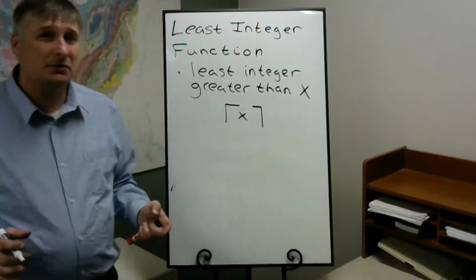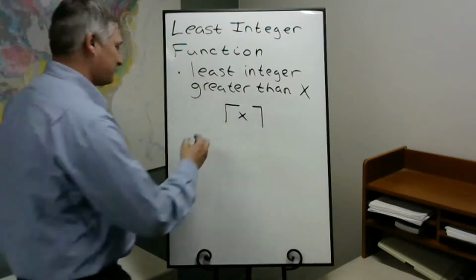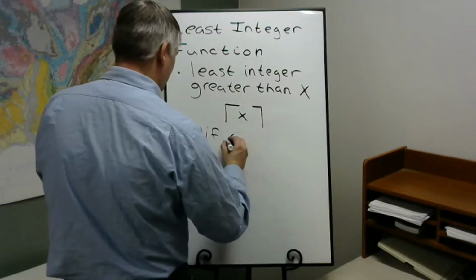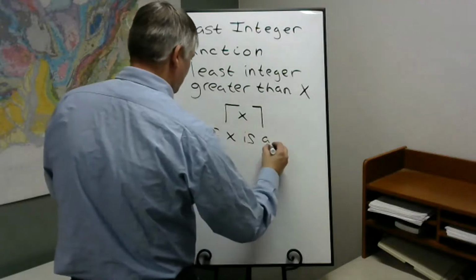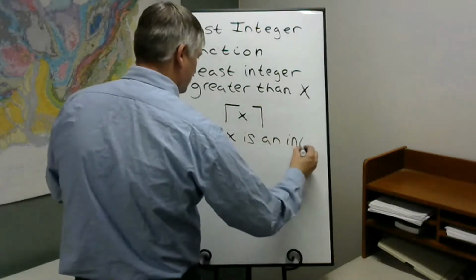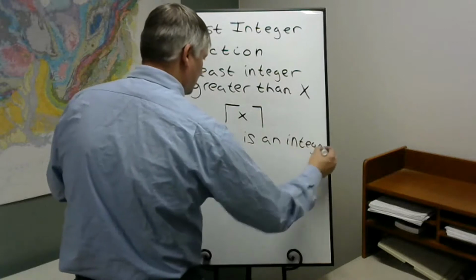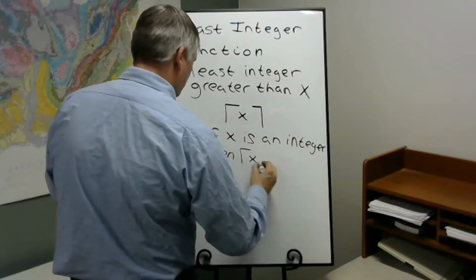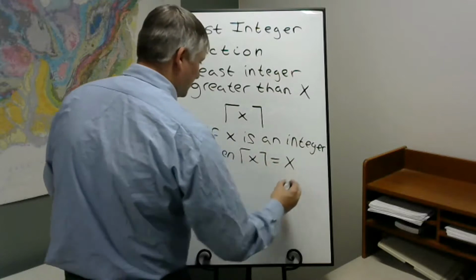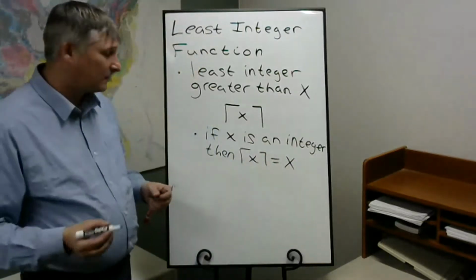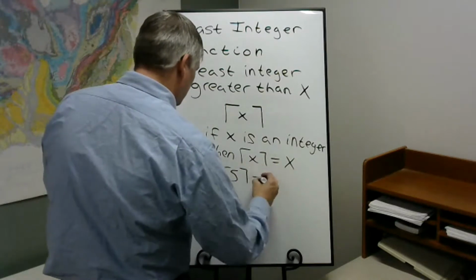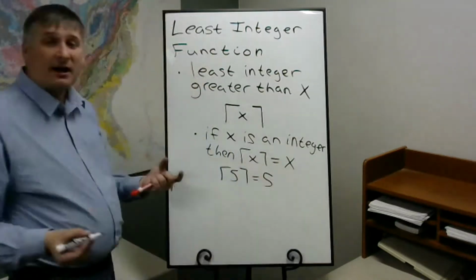Now, if it's already an integer, nothing changes. It'll pass on through. So, for example, put in 5, you'll get 5.